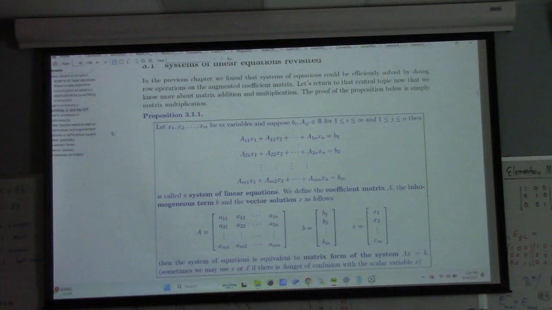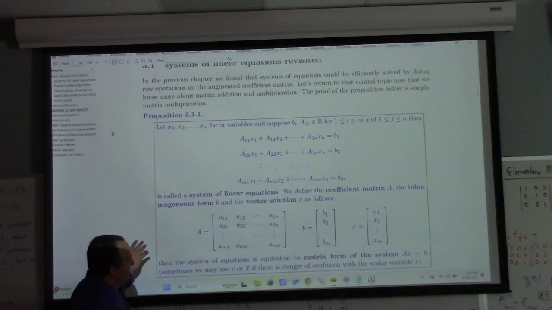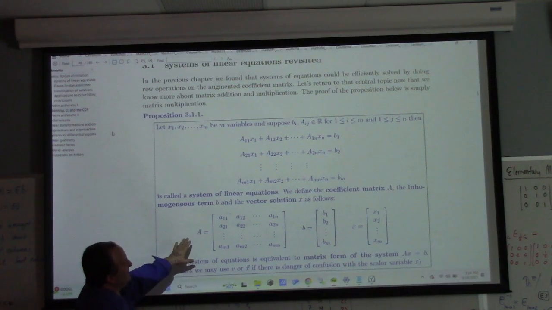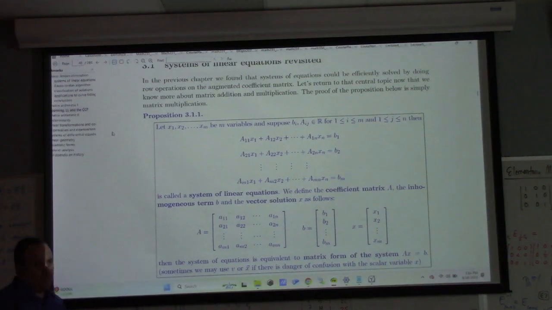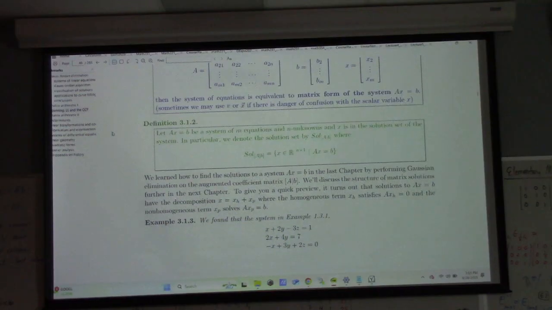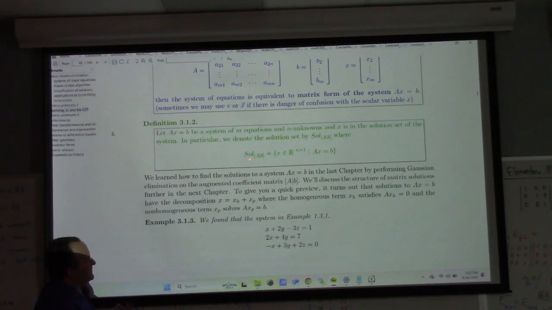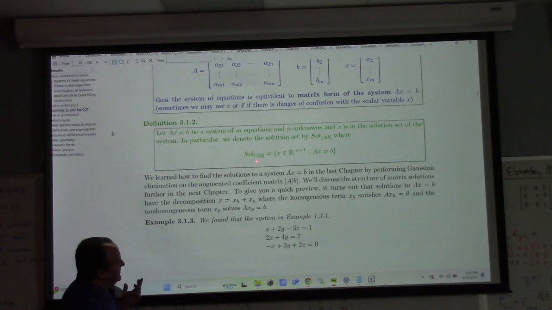All right. So I start by just saying we can take the system and rewrite it as a matrix times a column vector, right? Like we saw last time. That's the first idea. Then once we have that, we can talk about the solution set. Here's a notation for it. The solution set corresponding to that augmented coefficient matrix is all vectors X such that AX equals B.